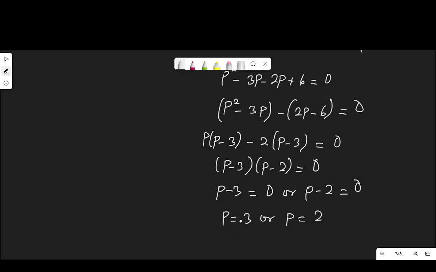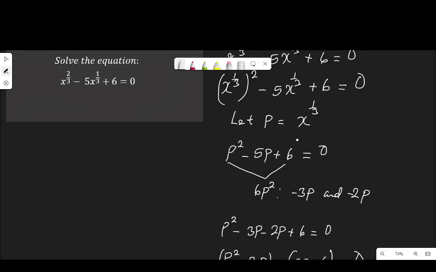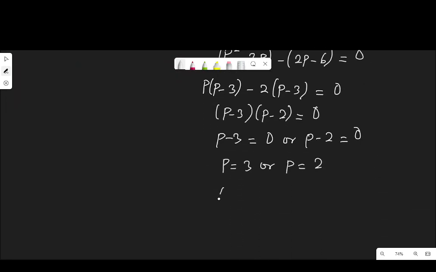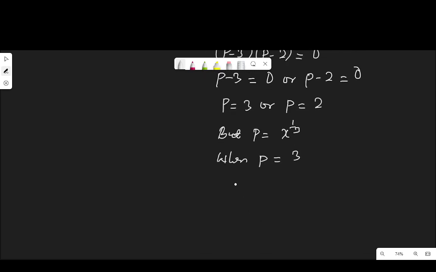But from the beginning, we said p is what? x to the power of 1 over 3. So let's go back there. p is x to the power of 1 over 3. Therefore, when p is equal to 3, that means x to the power of 1 over 3 is equal to 3 to the power of 1.